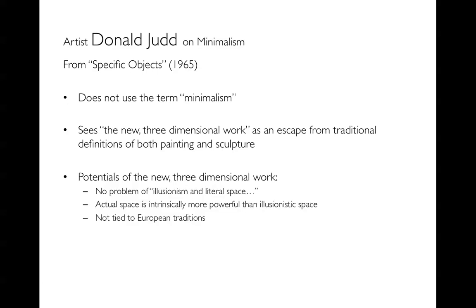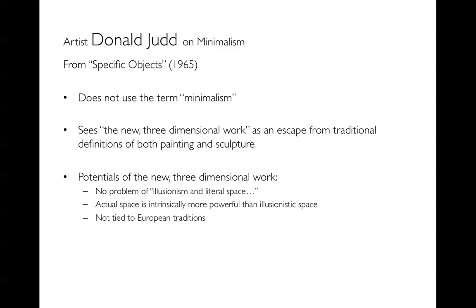And some of the potentials of the new three-dimensional work he noted, he said there's no problem of illusionism in literal space. So it's not trying to be anything that it's not. There's no sense of trying to fool the viewer as with trompe-l'oeil or illusionistic work. He just wanted it to be very literal, very honest. Actual space is intrinsically more powerful than illusionistic space.